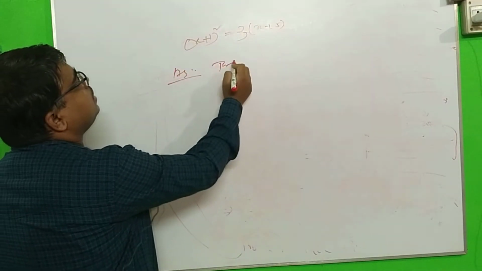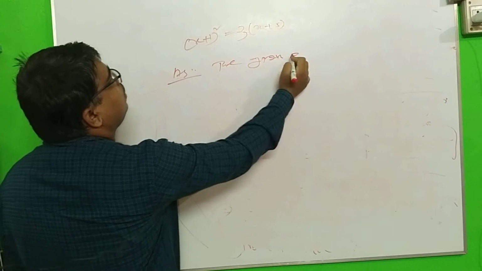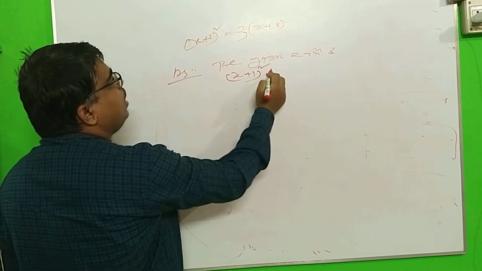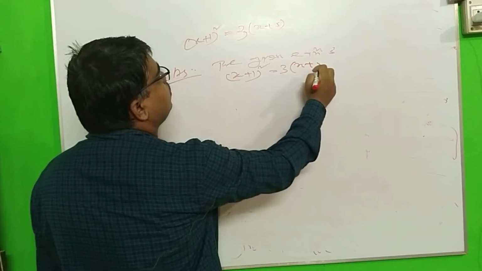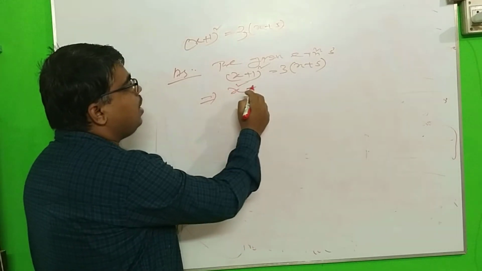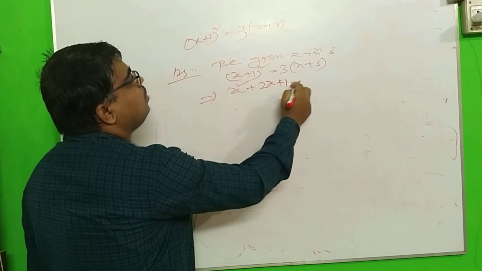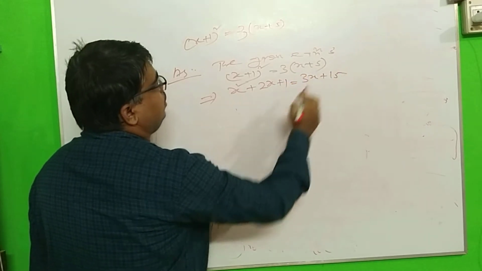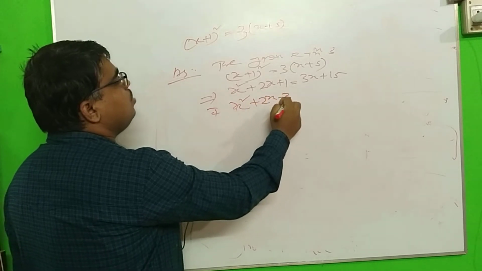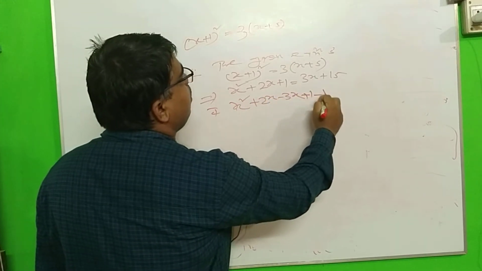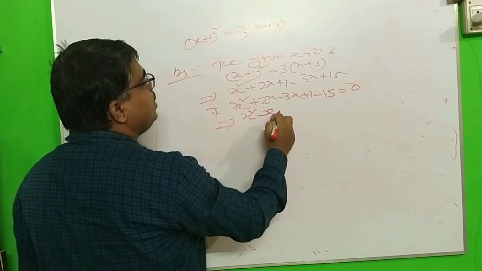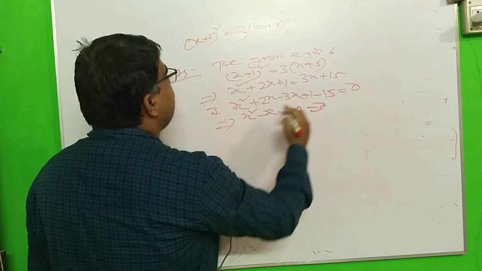The given equation is x plus 1 whole square equal to 3 into x plus 5. This implies x square plus 2x plus 1 equal to 3x plus 15. This implies x square plus 2x minus 3x plus 1 minus 15 is equal to 0. This implies x square minus x minus 14 equal to 0.